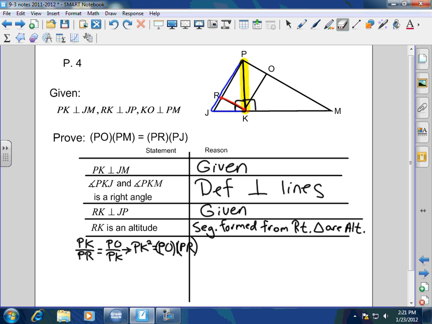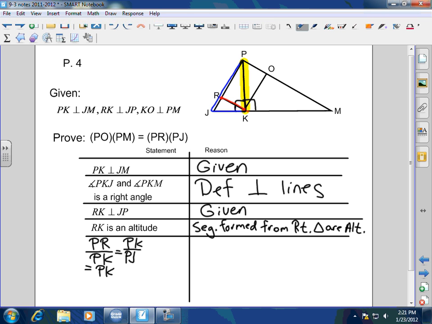I'm sorry, it's not PO. You could do it either way, but yes, that's fine. So go PR to PK, the shared side, equals PK, the shared side, to PJ, the whole. So that equals PK squared equals PR times PJ. Don't you have half of the proof right there? Correct?